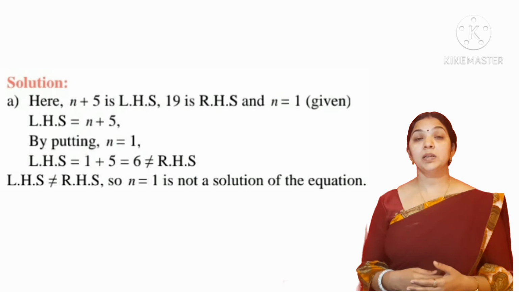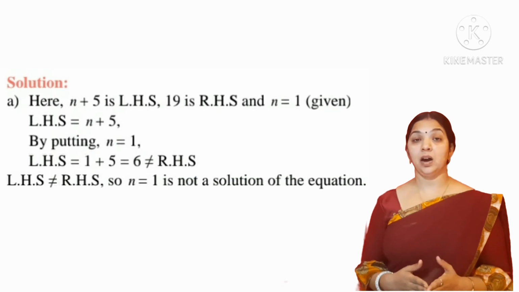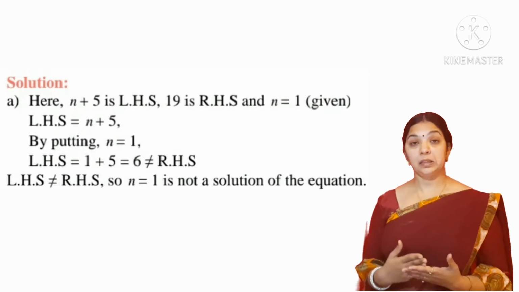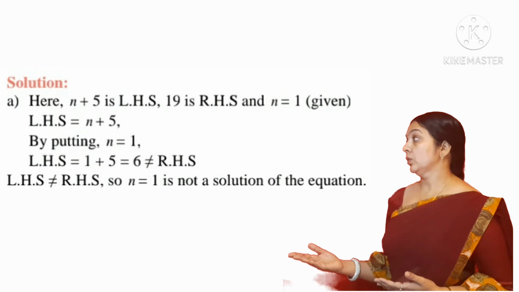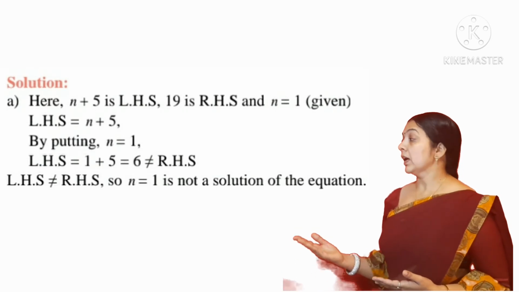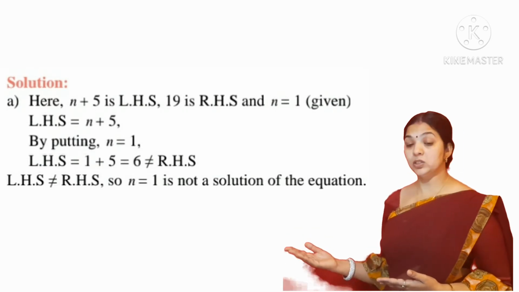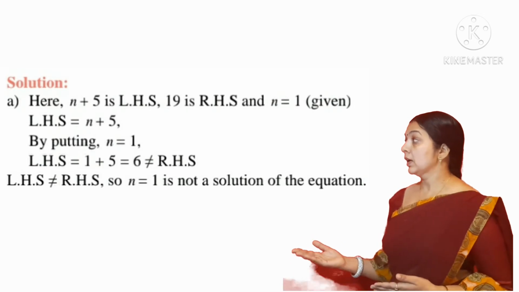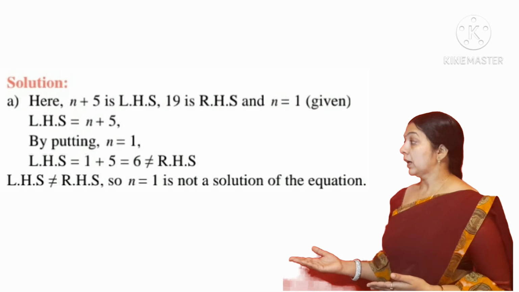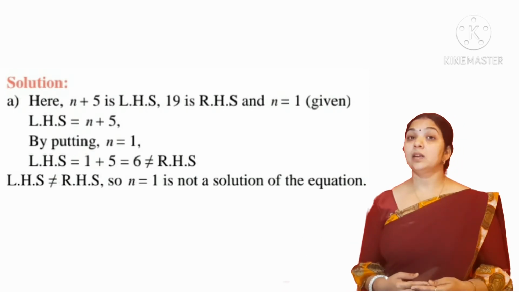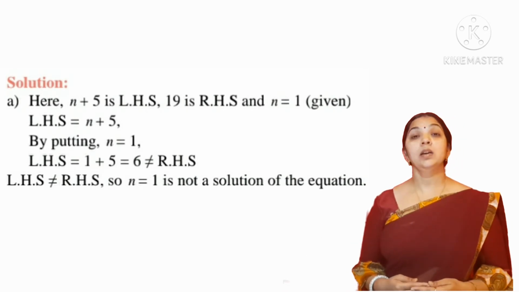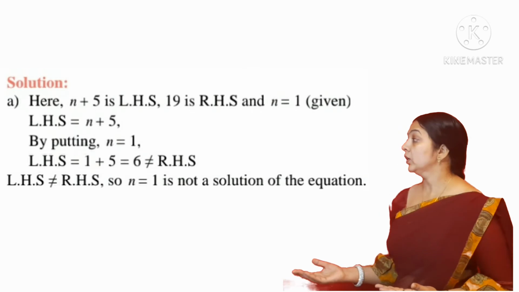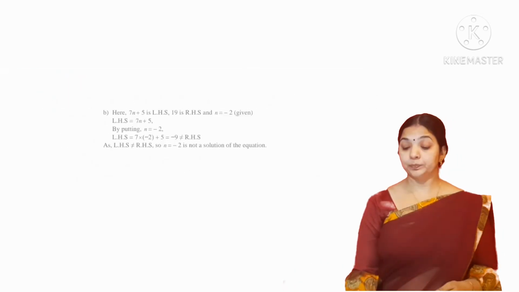Okay, so n plus 5 is the LHS and RHS is equal to 19. The given value is n is equal to 1. We will place n is equal to 1 in the LHS of the equation. So 1 plus 5 is equal to 6 and RHS is equal to 19. So we will say that n is equal to 1 is not the solution of the given equation.